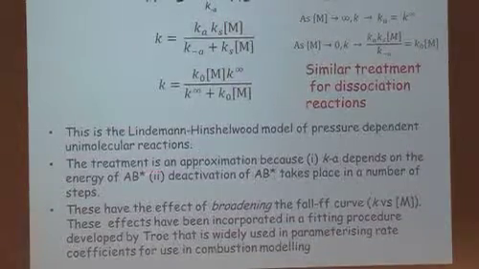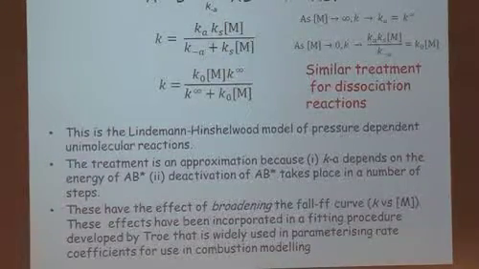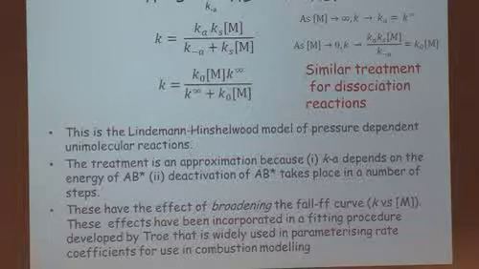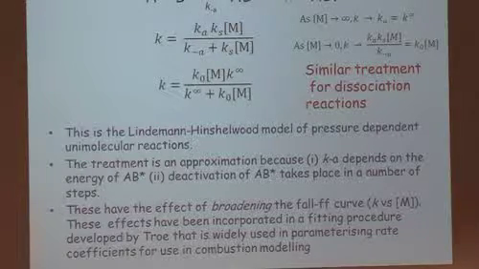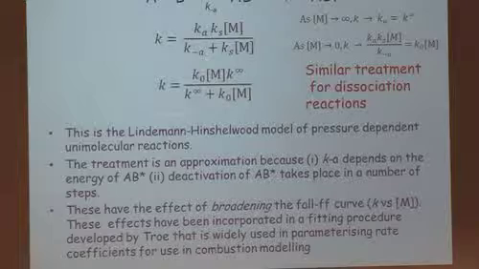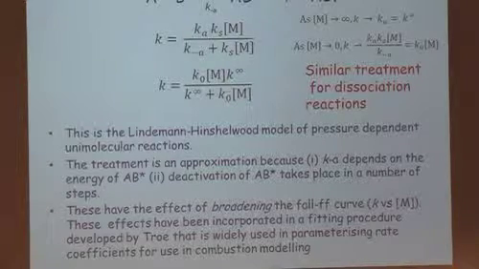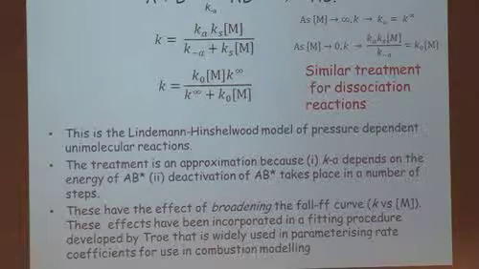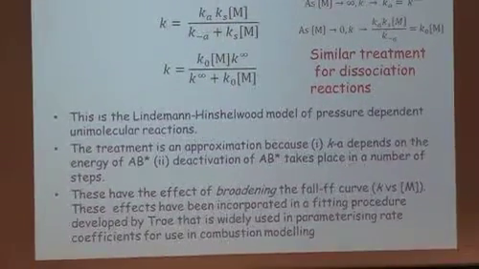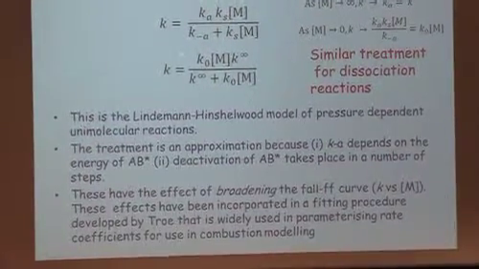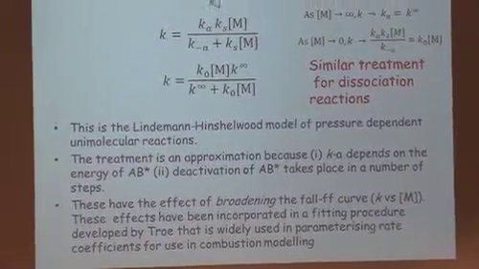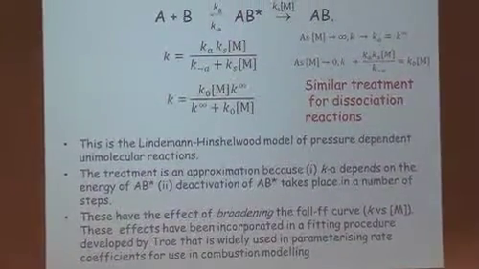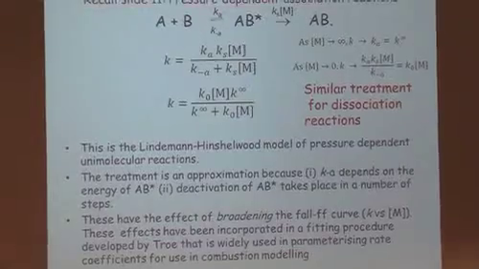And this is what's called the Lindemann-Hinshelwood model of pressure-dependent unimolecular or termolecular reactions. The treatment is an approximation, though, because, as we'll see tomorrow, K minus A depends upon the energy of AB star. The more energy AB star has, the bigger K minus A is going to be.